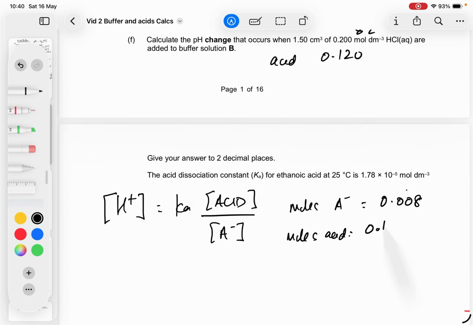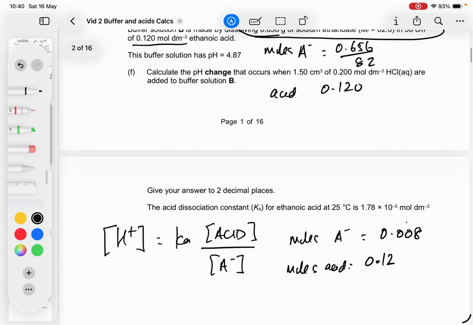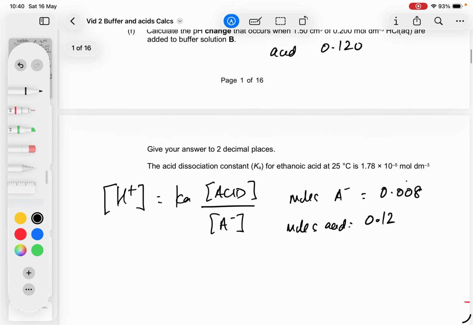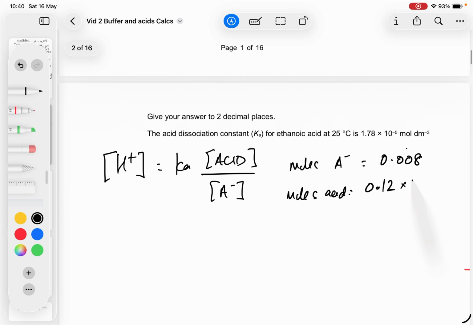is concentration times volume over 1000, which comes to 0.006.